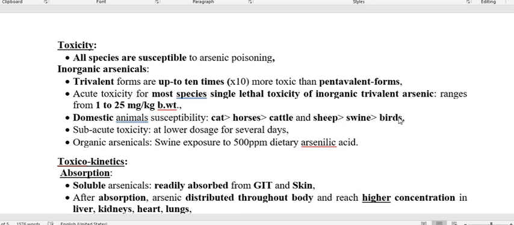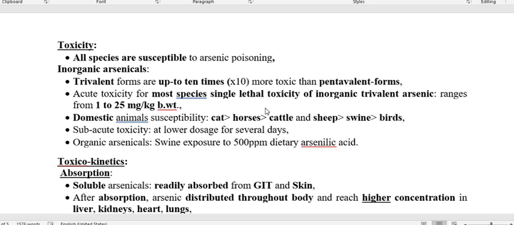When you compare the toxicity amongst the different animal species, the cat is the most susceptible, then the horse, then cattle and sheep, then swine and birds. So the cat is the most susceptible species for arsenic poisoning compared to the others, and the range is given here: cat, horse, cattle and sheep, swine, and then birds.